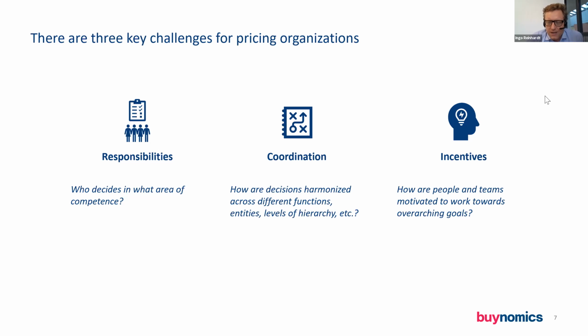And then the last point is incentives. So how do you get people motivated, incentivized to follow the objectives of the organization? And these are the three topics that we want to discuss now on top of the structure that we laid out so far.